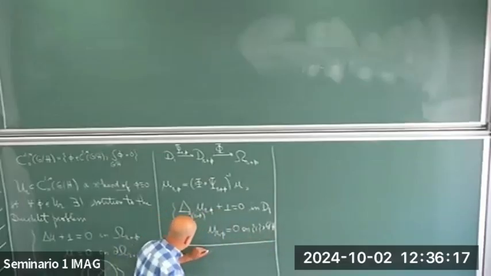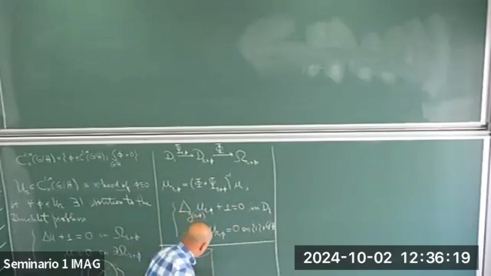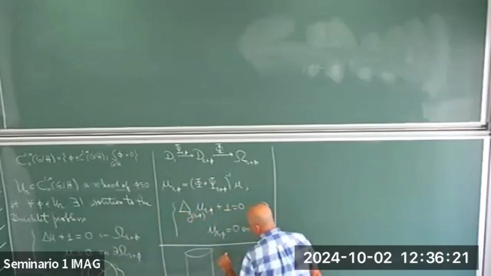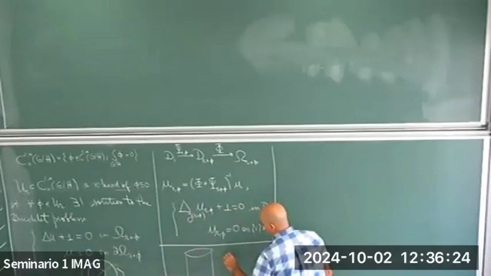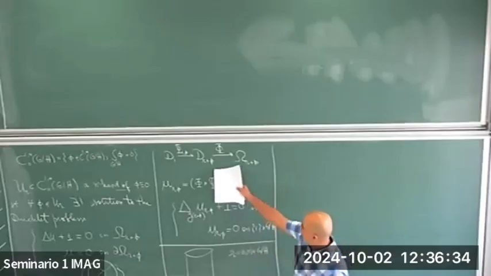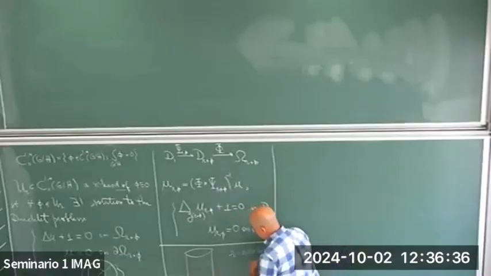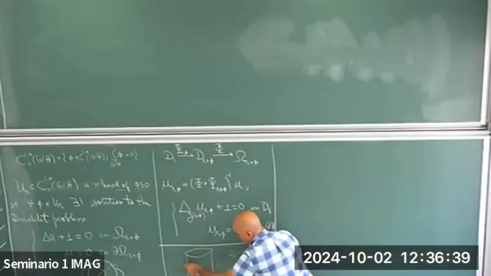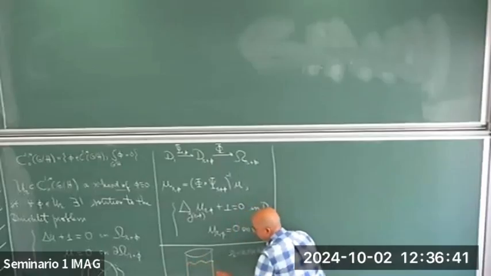You have your cylinder. This is just the R example, this product. When you put a phi, you can describe it explicitly, but it's just a graph.